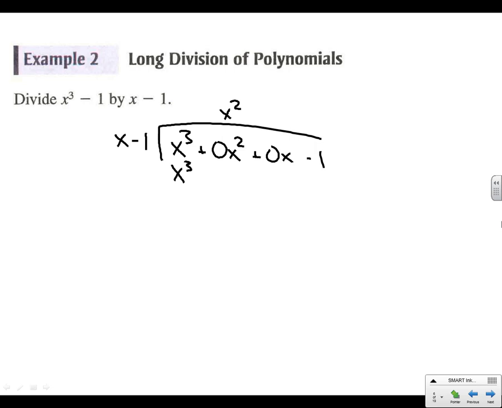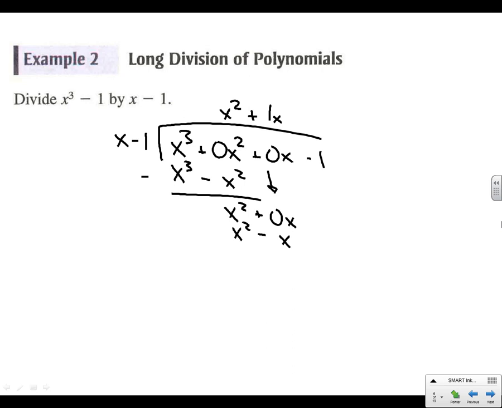Multiply back in, and we'd end up with minus x squared. Subtract your negative, and we're going to get positive x squared, and bring down 0x. x squared divided by x is just 1x. And so when we multiply it back through, we get x squared, and we get minus x.